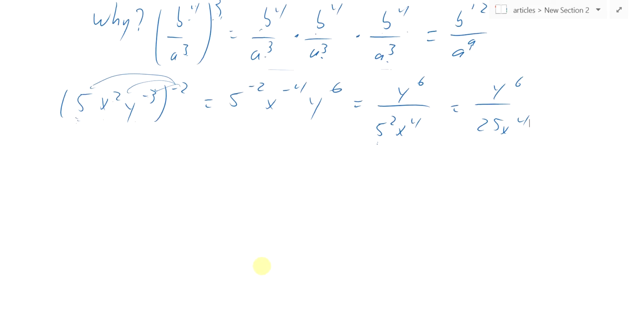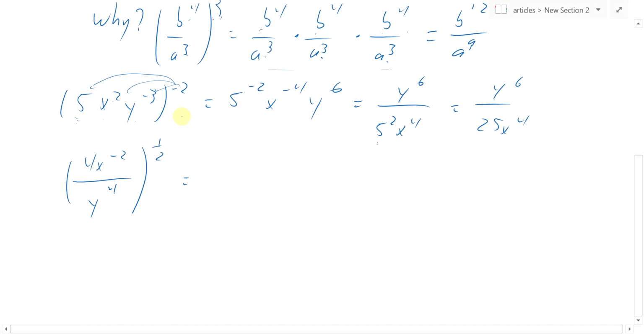And so that's how we can handle anything in parentheses. If we had 4x to the minus 2 over y to the 4th, all raised to the 1/2. Well, a fractional power is just a number like any other power, so it does the same thing, right? 4 to the 1/2, you distribute it to each of these powers, because inside this parentheses it's all multiplication and division, no subtraction or addition.